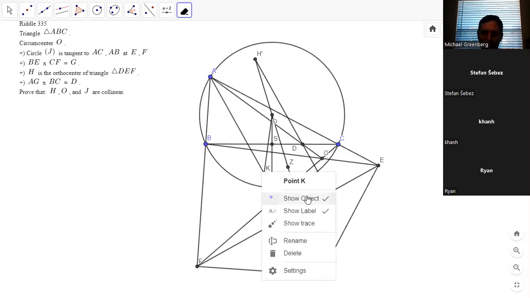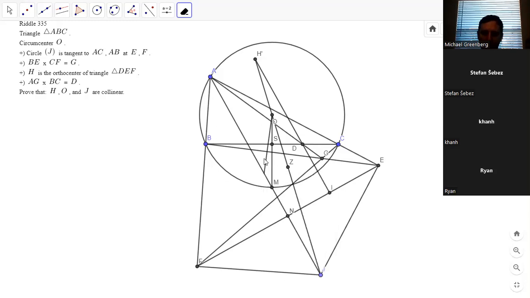I don't think we need K. I think we need that. Okay, so we want to show ZN. Z is the midpoint of H prime J. And we want to show ZN is perpendicular to BC.